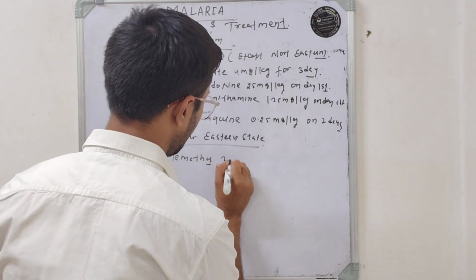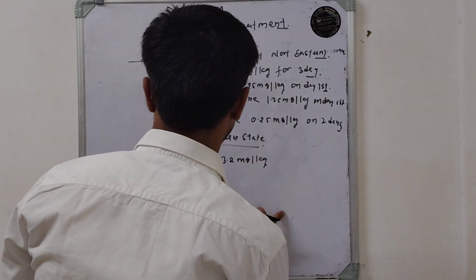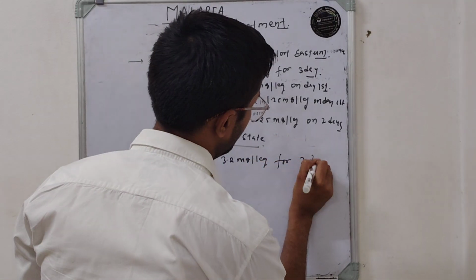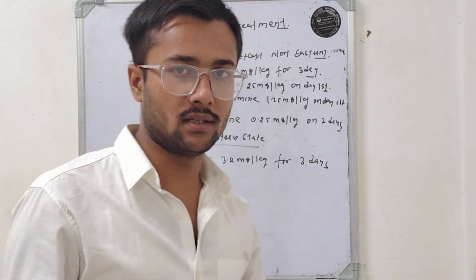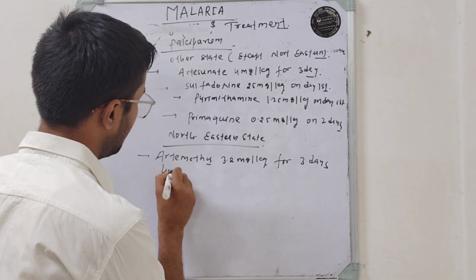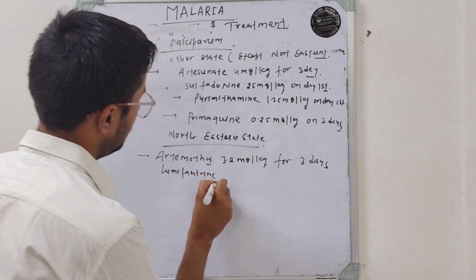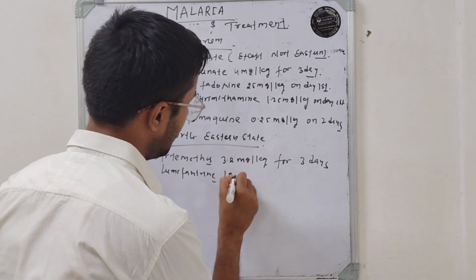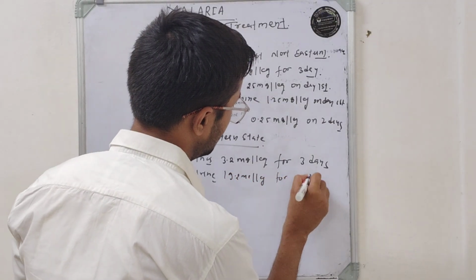Artemether at a dose of 3.25 milligram per kg, and this artemether is also given for 3 days. Again, this artemether does not come as a separate tablet. It comes in combination with lumefantrine. So along with artemether, we also give lumefantrine at a dose of 19.2 milligram per kg for 3 days.